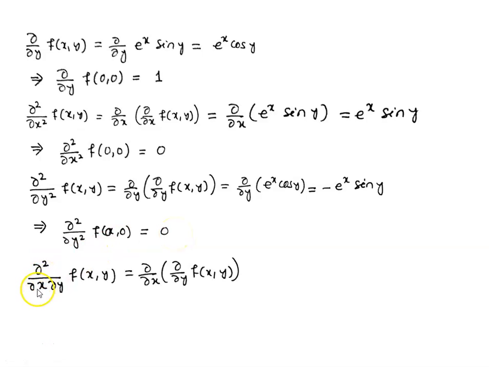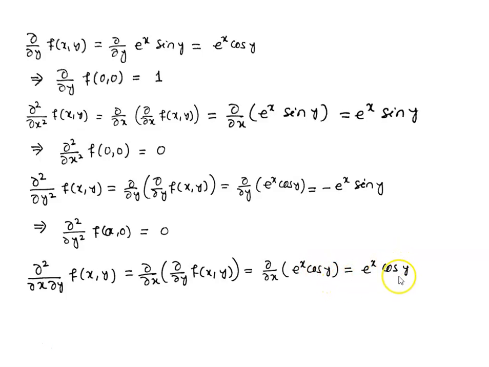Similarly, ∂²f/∂x∂y of f(x,y) is ∂/∂x of ∂/∂y of f(x,y). Now ∂f/∂y is e^x cos y. Now we have ∂/∂x of e^x cos y. Now the derivative is e^x cos y, because here we are differentiating with respect to x, cos y becomes constant.